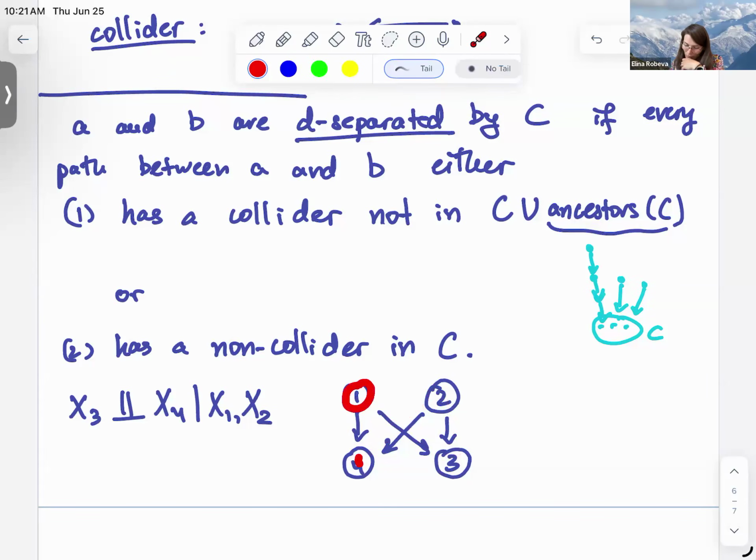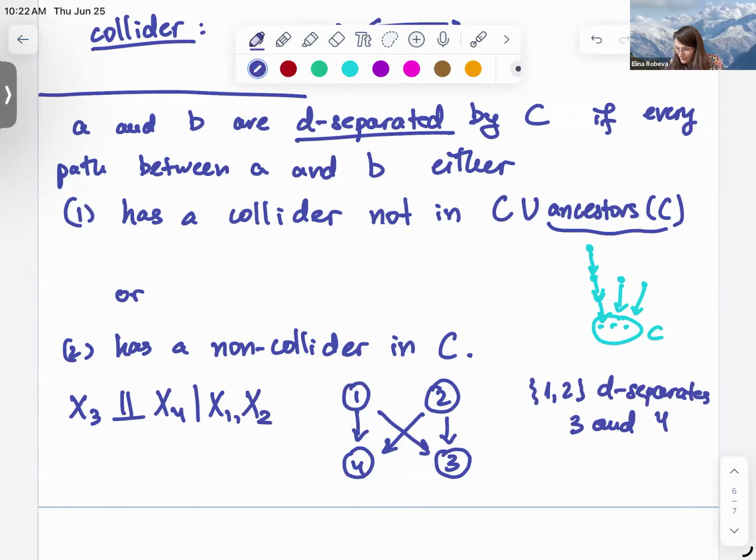On this path, 1 is a non-collider, right? It just goes, it's pointing out of 1. And 1 is indeed in this set 1, 2. So here what we're saying is that the set 1, 2 d-separates 3 and 4.